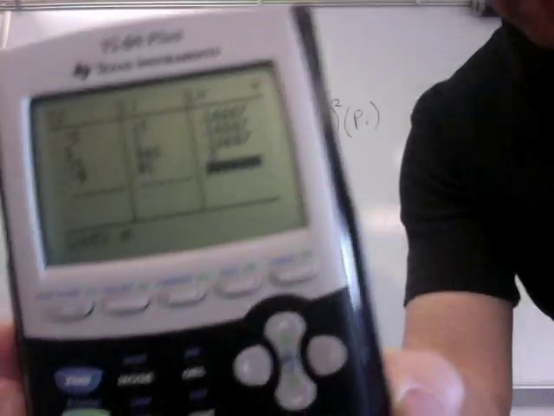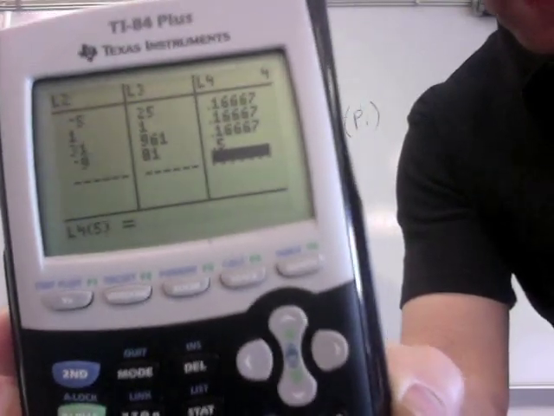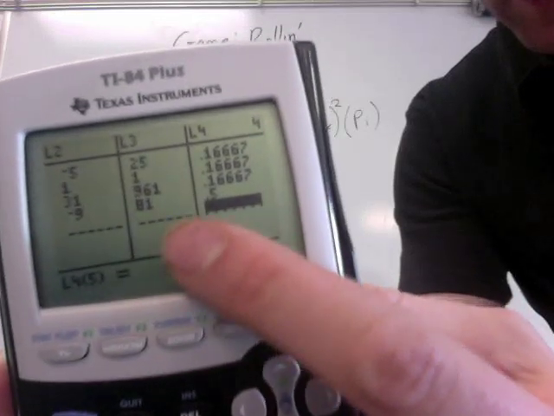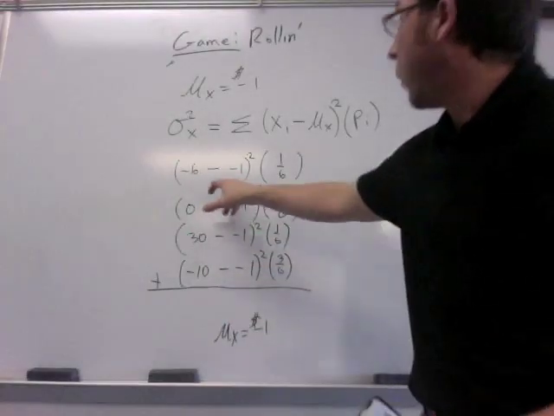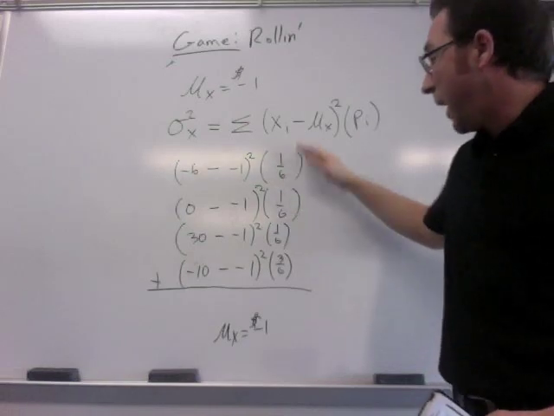So I've got List 4 set up. The only thing left to do is take List 3 and multiply it by List 4, and then add those results together.